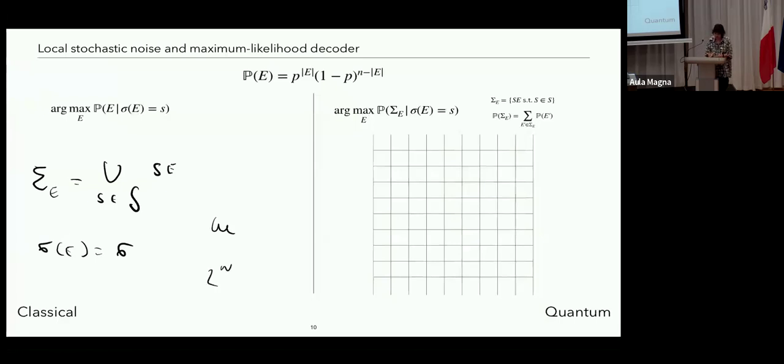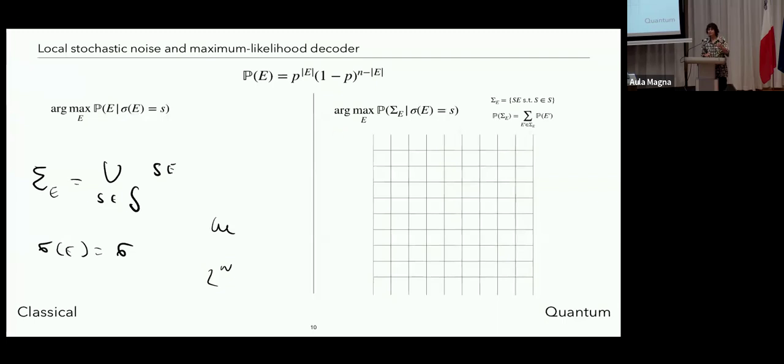And what happens is that if I use a decoder that only gives me the minimum weight error, it can happen that the minimum weight error is not the error that also maximizes this probability.